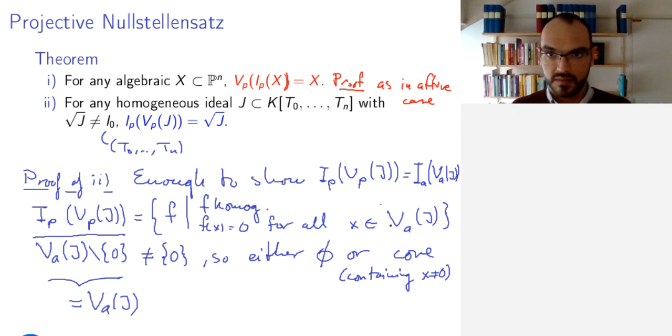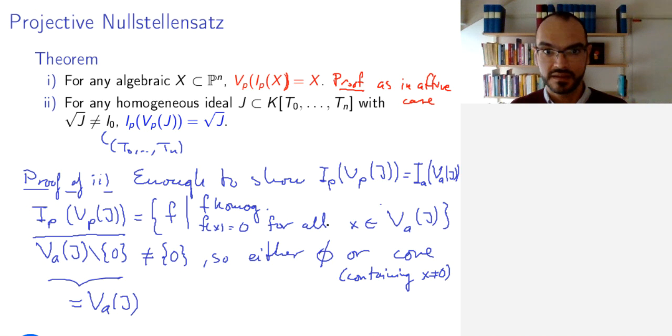So since when we have a cone, the vanishing ideal of this cone in affine space consists of homogeneous polynomials.